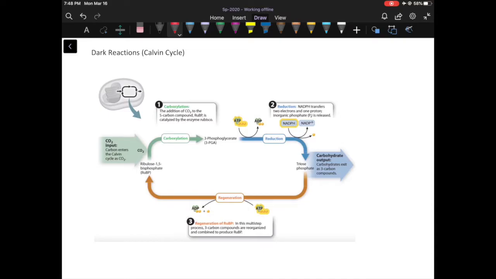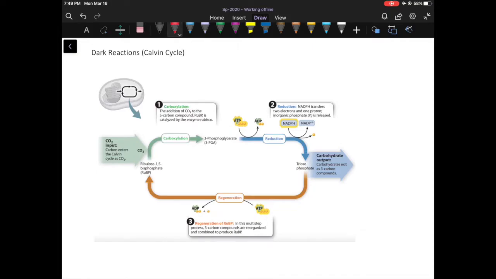There are three main parts of the Calvin cycle. The first is carboxylation, the second is reduction, and the third is regeneration. So they're right here, 1, 2, and 3. And we'll go through each of them, talk about what happens.